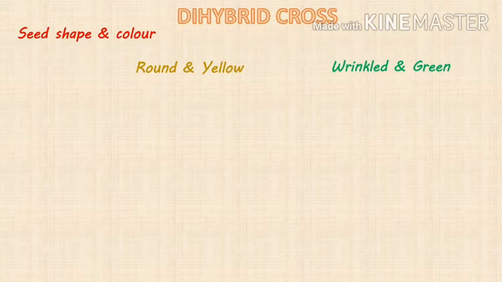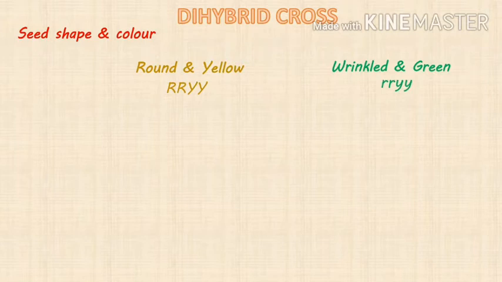Dihybrid cross is called so because in this we consider two different characteristics of same plant. For example, we take seeds of pea plant and consider its shape and color. In this way we get two types of seeds, round and yellow and wrinkled and green. These are phenotypes, means physical characters.